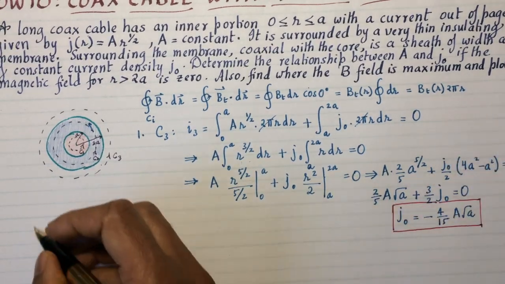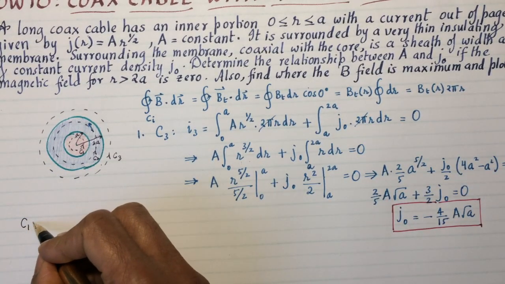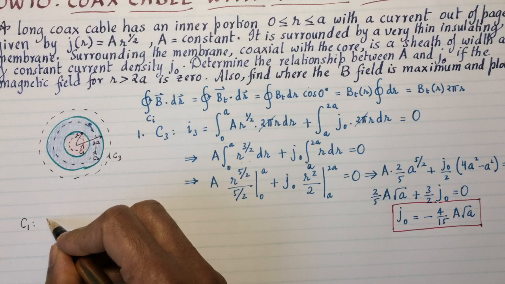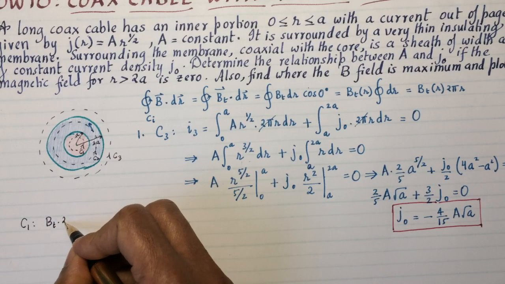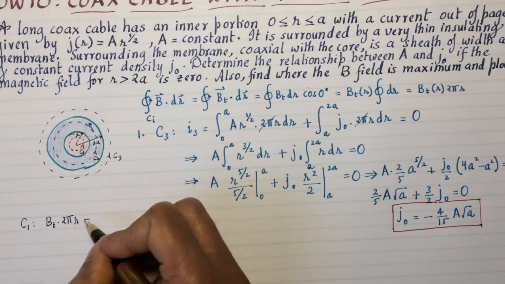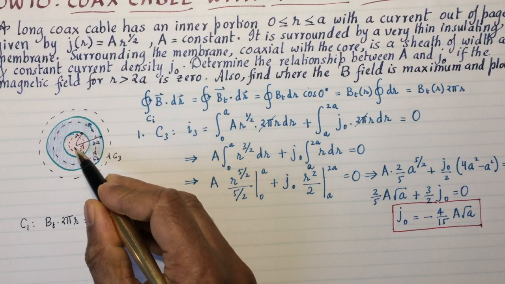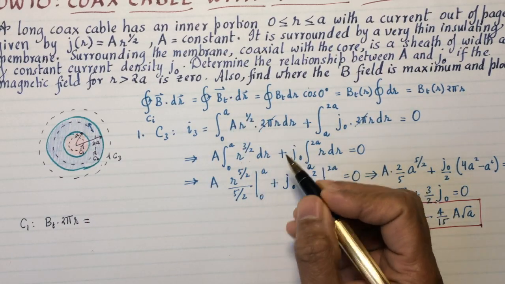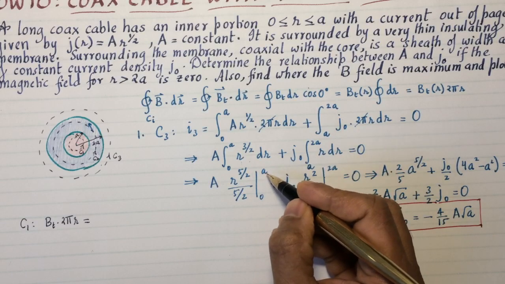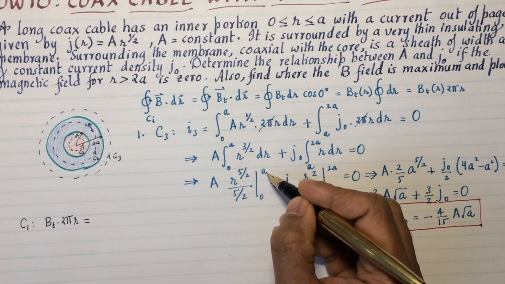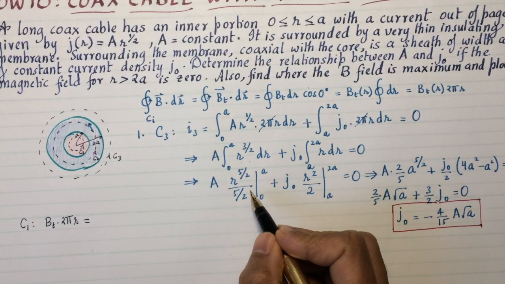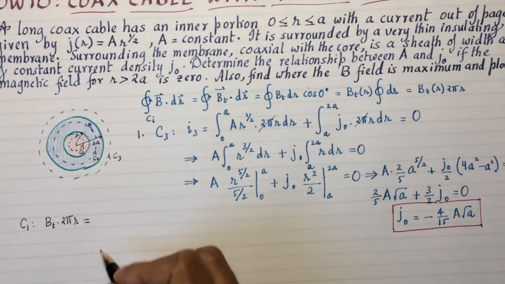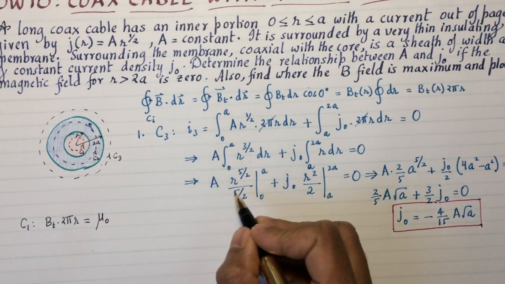The left-hand side of Ampere's law remains the same. So for loop C1, I'm going to get Bt times 2 pi r. And here I only have to go from 0 to r instead of from 0 to a. So all I have to do is not write the upper limit as a, but rather write it as r. So I'll stop at this stage and simply take the answer from here. It's going to be mu naught times that current enclosed.